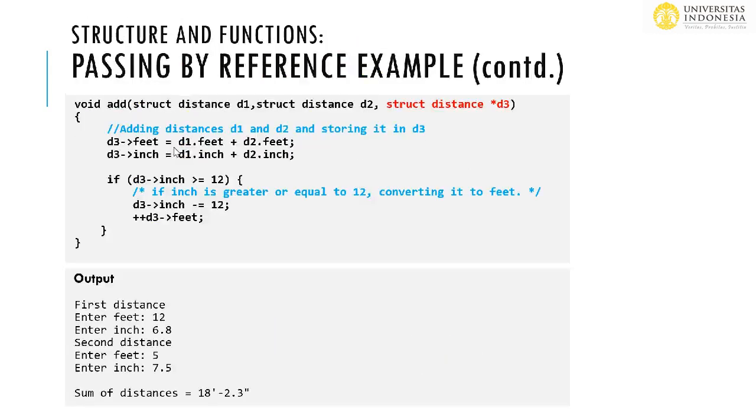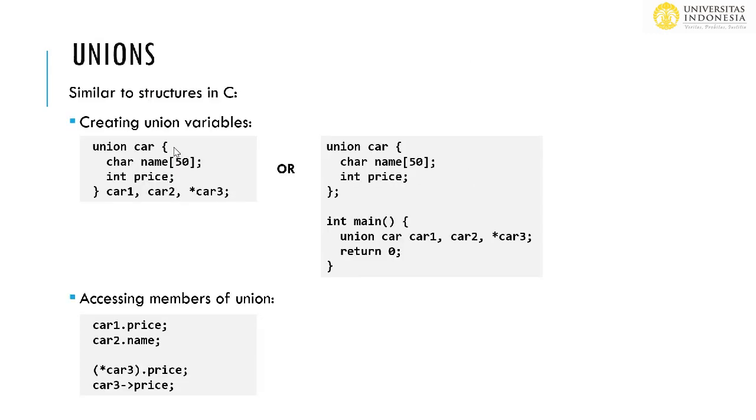All right, let's see the slide. Here is the second part of the example that we already saw in the compiler. Okay, let's move on to the second part of this course. It's called unions, or union. Union means only one structure.